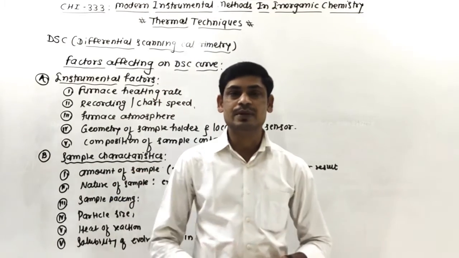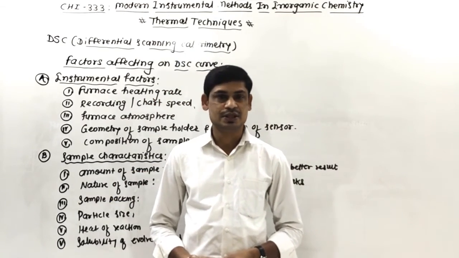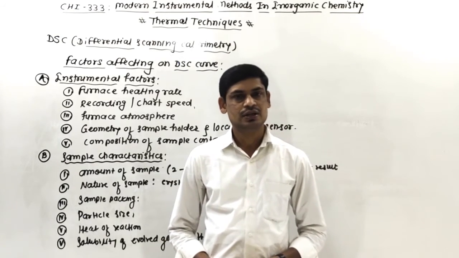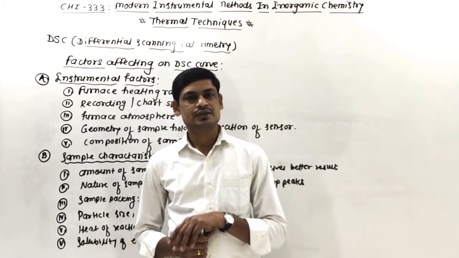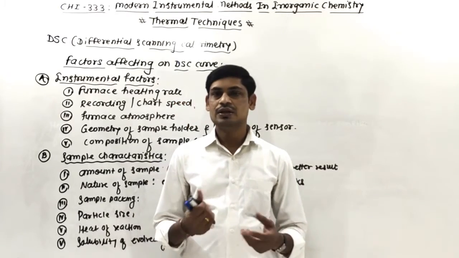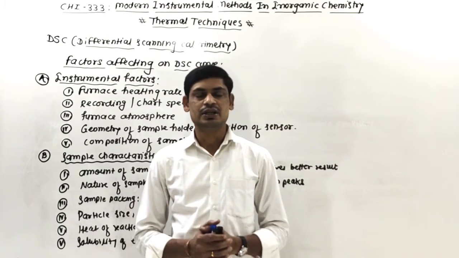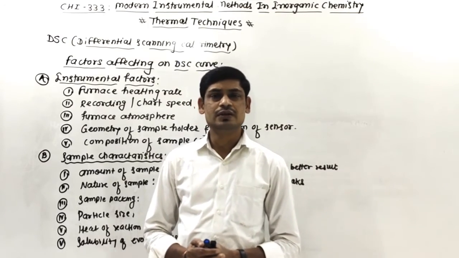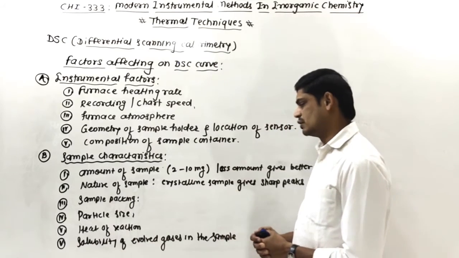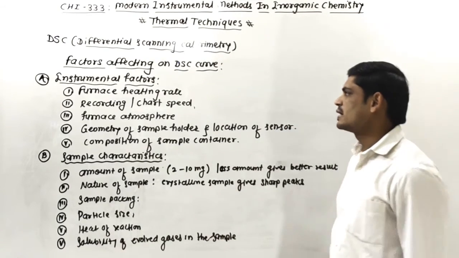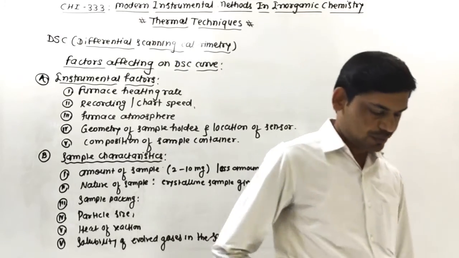Small molecules will be evolved in the form of gases such as methanol, carbon dioxide, nitrogen gas, etc. These evolved gases can again get dissolved in the given material, and therefore it will interfere in the DSC curve. So friends, it was an account about the factors affecting a DSC curve.